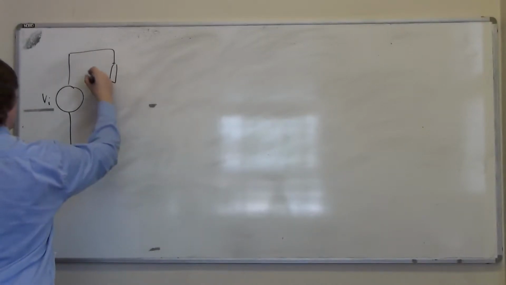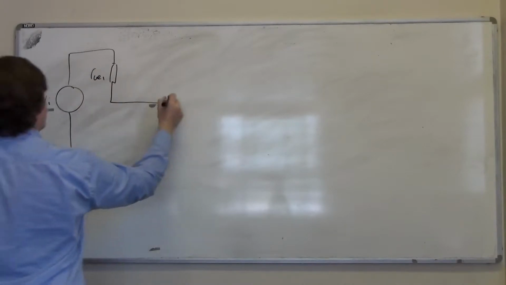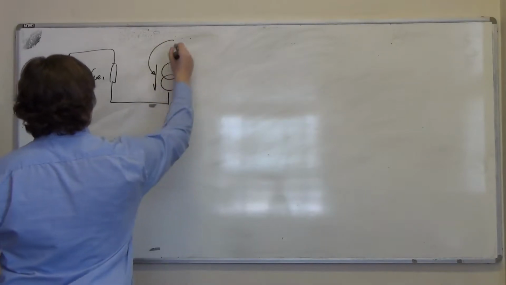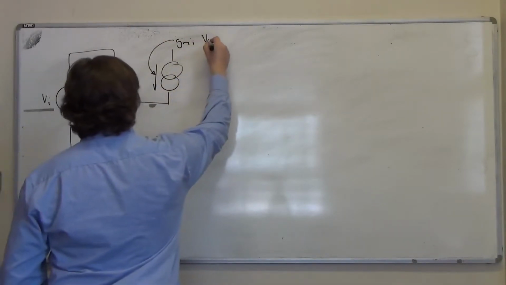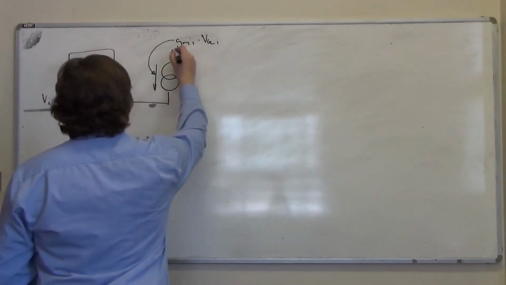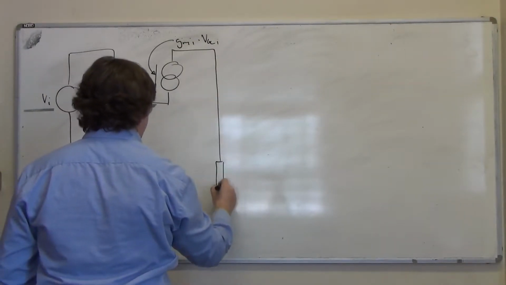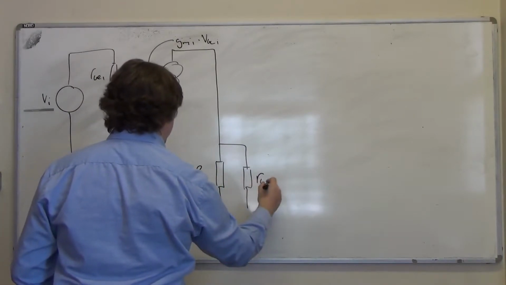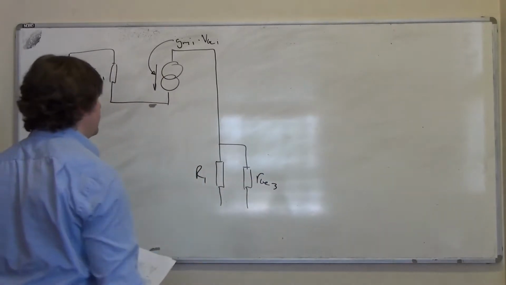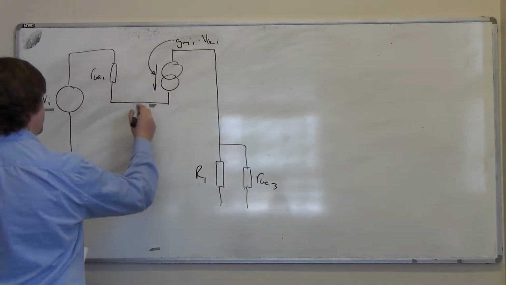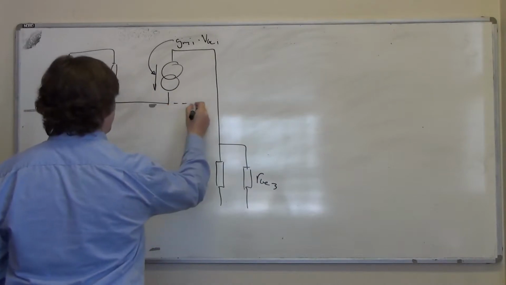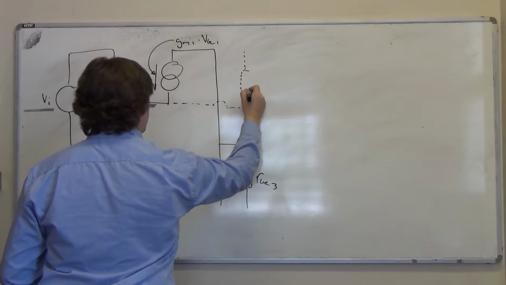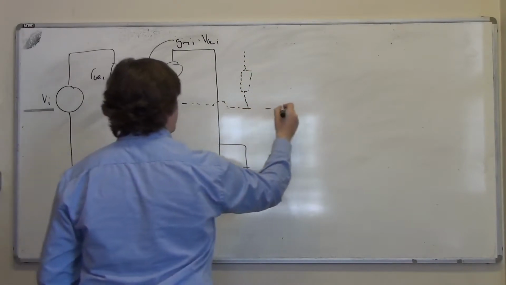We have RBE1 and GM1 VBE1, and this is connected to R1 and RBE3, which is the input resistance of T3. And then I had here before this sort of thing.